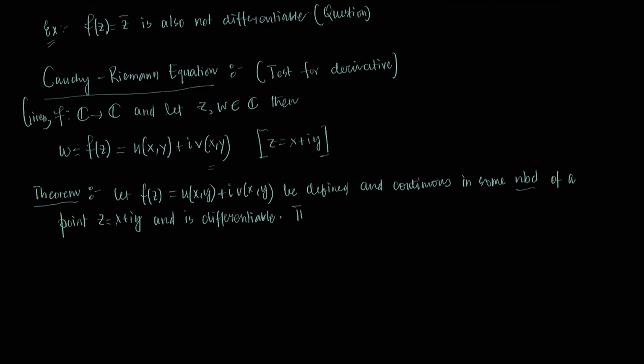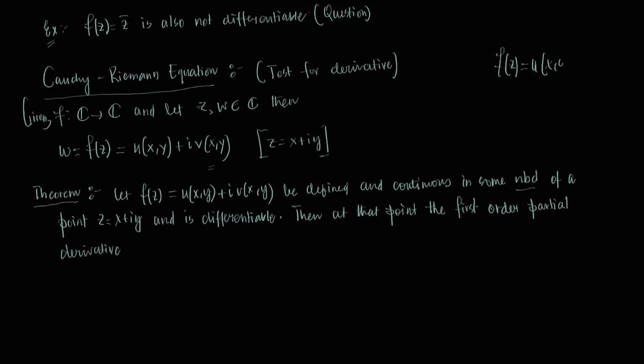Then at that point z, the first order partial derivative exists. See here, f(z) is decomposed as u(x, y) plus i v(x, y).